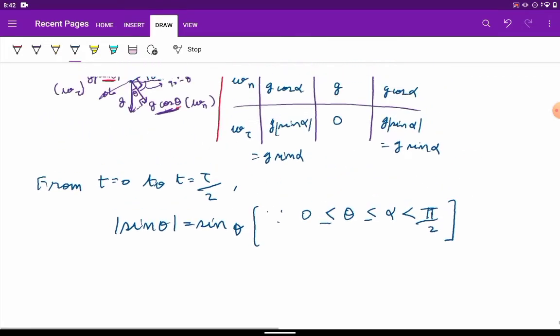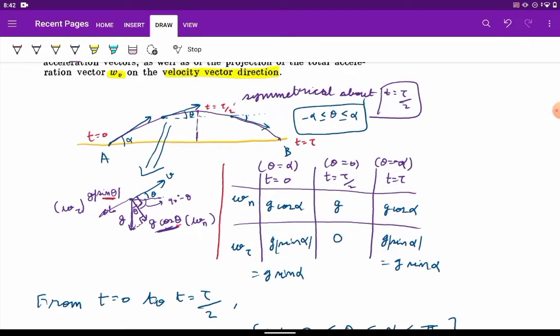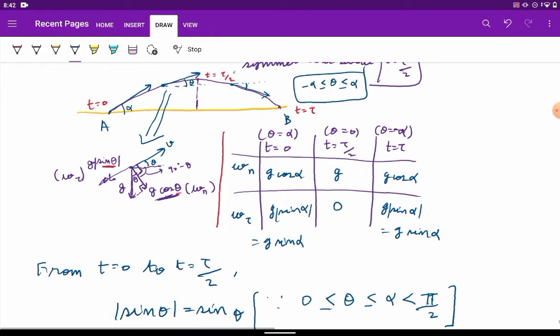Fine. Now let's cut to the chase. I know the critical values. I need to find out what would be the slopes at those points, right? Because it will be a roughly continuous graph, that much is for sure. So basically we need to find out the dependence of cos theta and sin theta with respect to time, right?